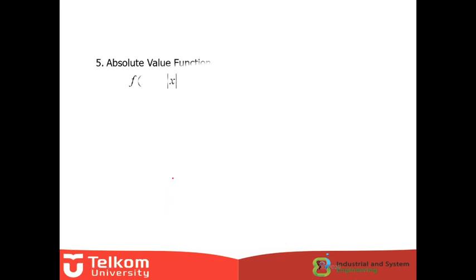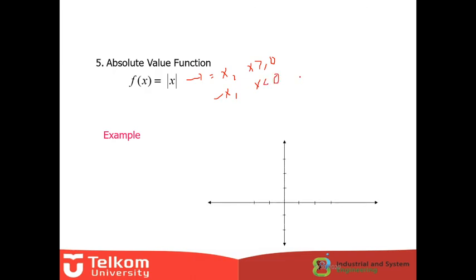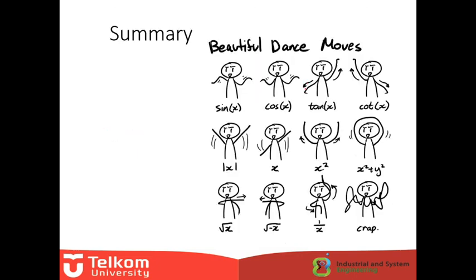Okay. Next, this was already mentioned previously: the absolute function. It is equal to x when the condition is x bigger than or equal to 0, and minus x when x is less than or equal to 0. So for example, we can draw this picture like this. This is the absolute value function.